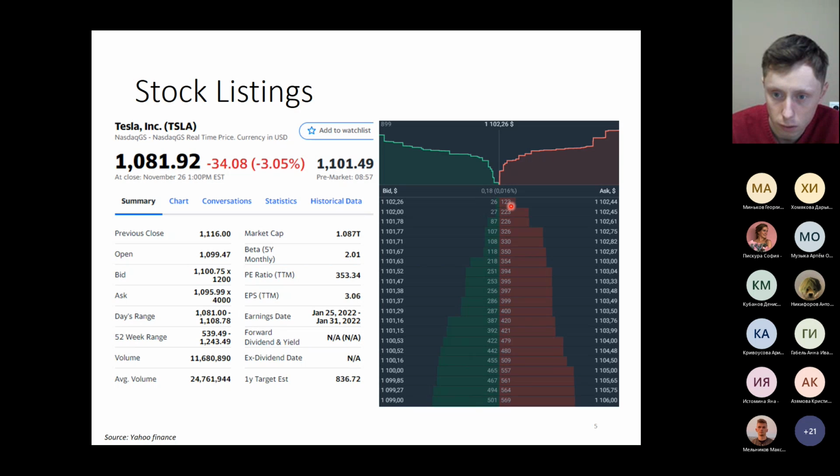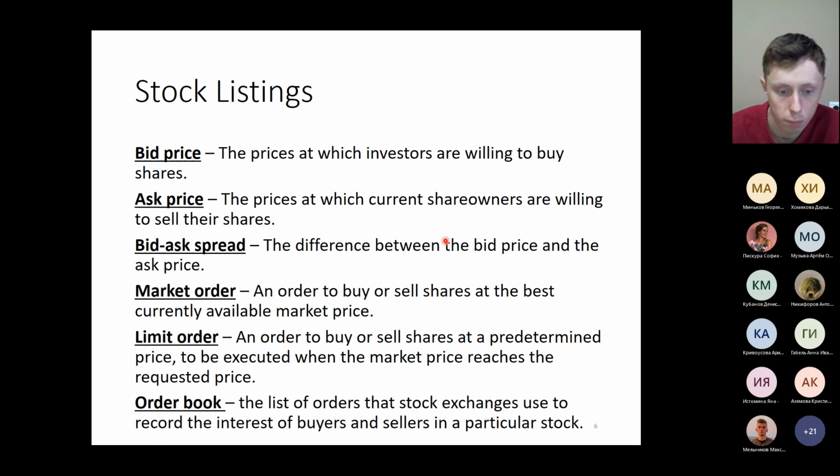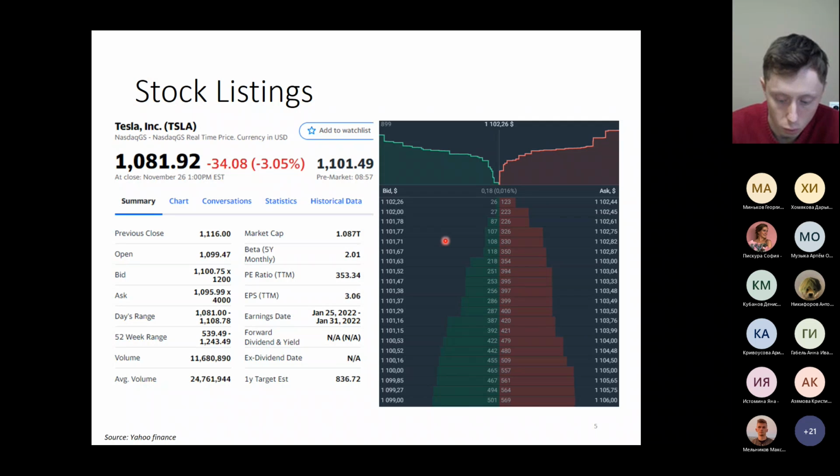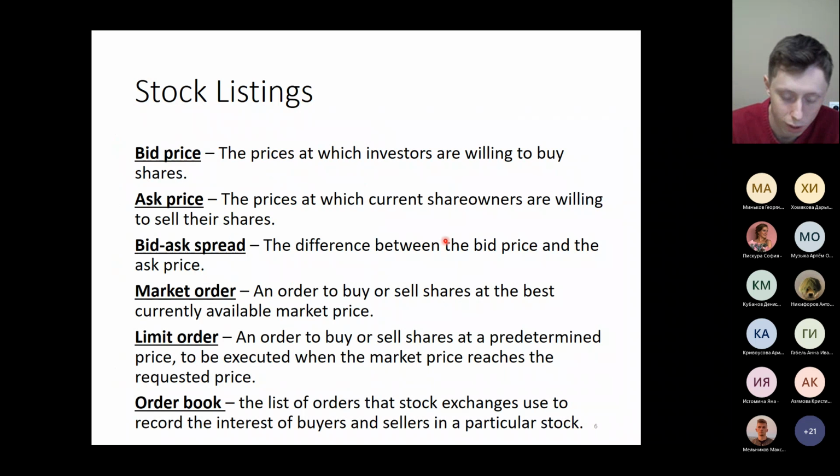Yes, this is the number of orders. So there are 26 orders to purchase the stock for 1,102.26. Is it like requests? Yeah, requests. We call them orders. Those are synonyms. An order is a request to buy or to sell. Thank you.